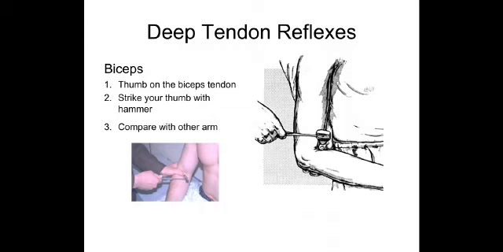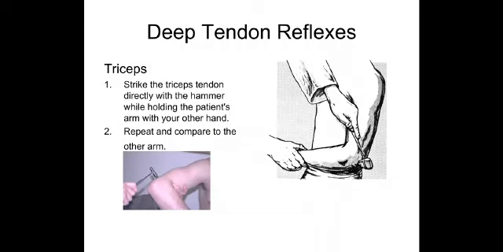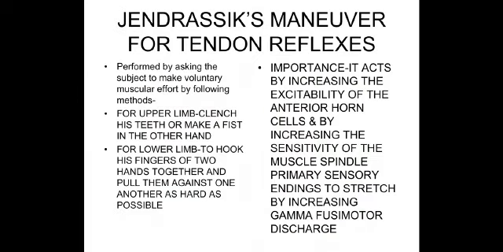If you are unable to perform the deep tendon reflex, there is a maneuver called the Jendrassik maneuver. That is, if the reflexes are not elicited, the reinforcement technique called the Jendrassik maneuver should be performed.